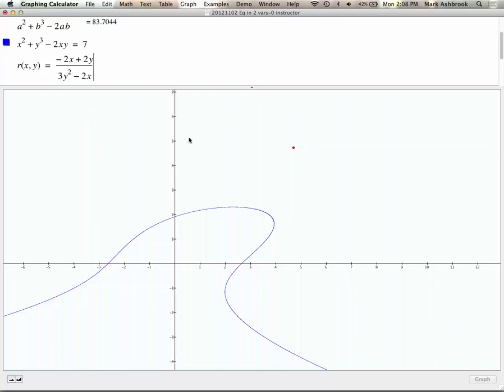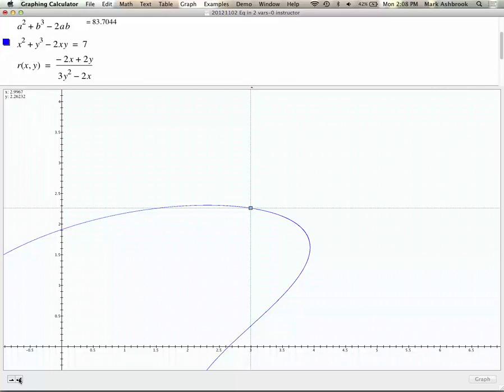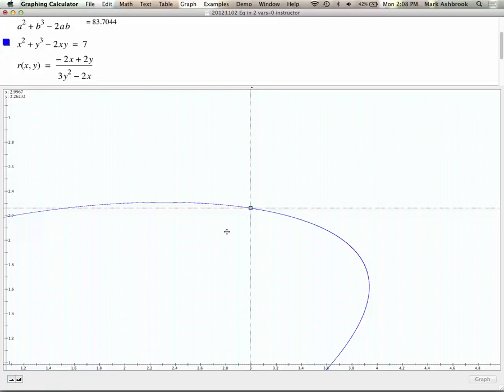Okay, so let's zoom in a little bit and see if we can get 3 exactly. So this is at this first point when x equals 3. Let's see if I can get it. That's pretty dang close.